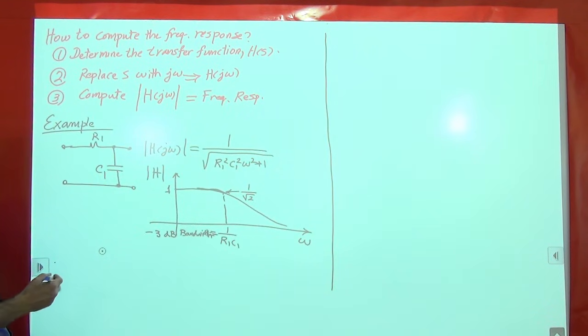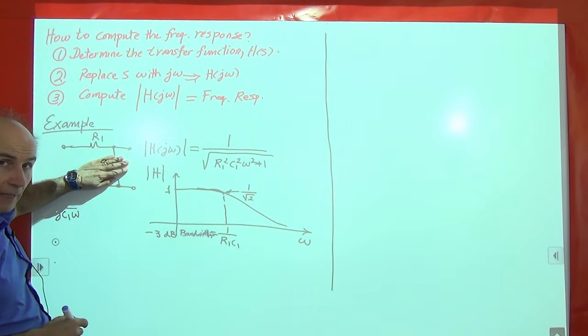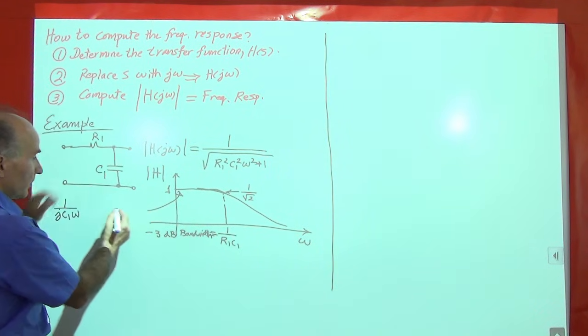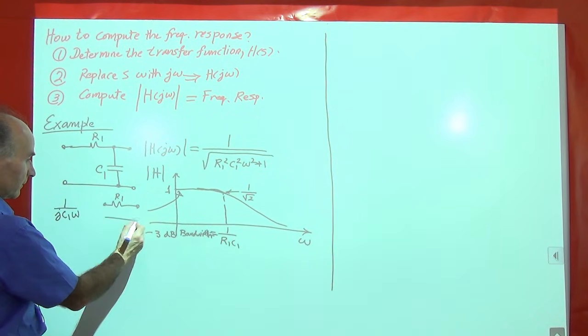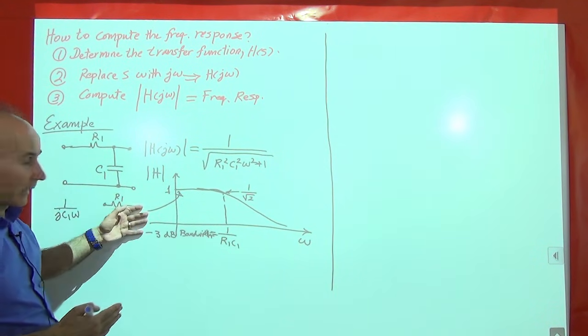Remember, the impedance of a capacitor is 1 over j omega C1. If omega is very small, this is a very large number, right? So it's like an open circuit. And at very low frequencies, right around here, the circuit reduces to only this. So this cannot attenuate, so the signal just goes through, and the gain is 1.